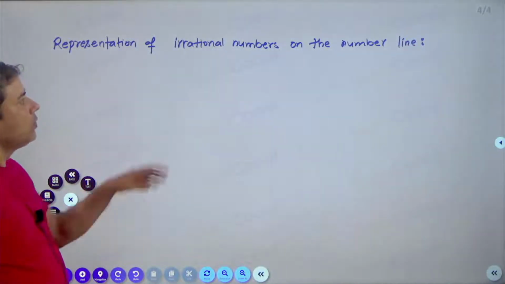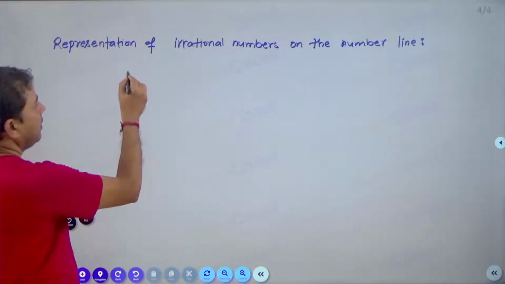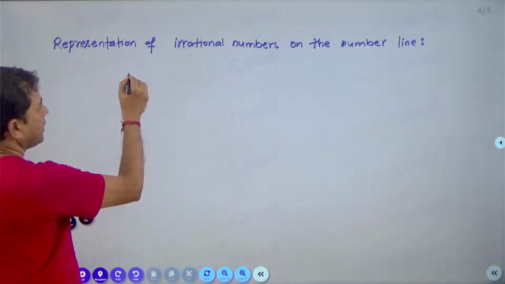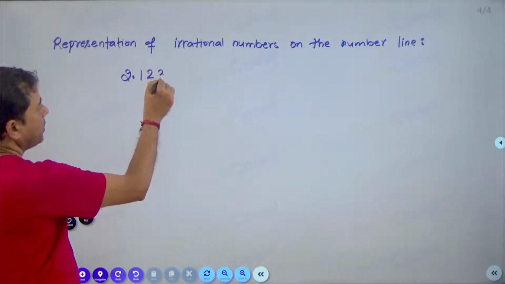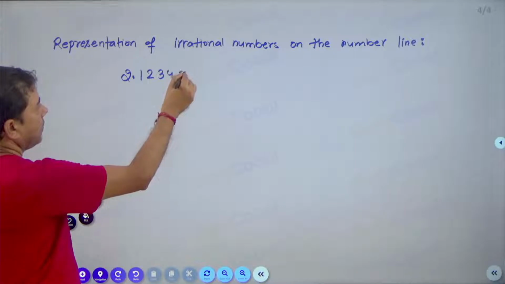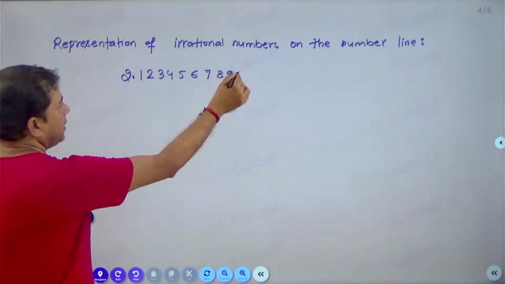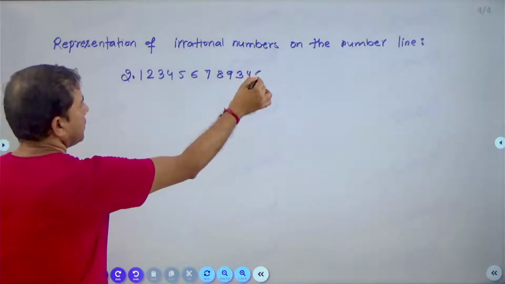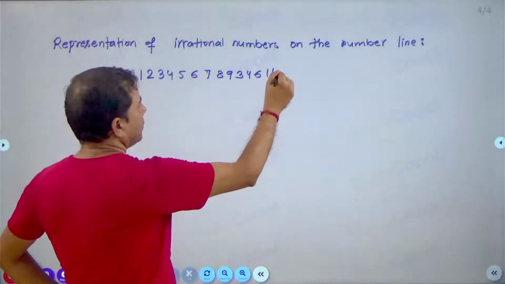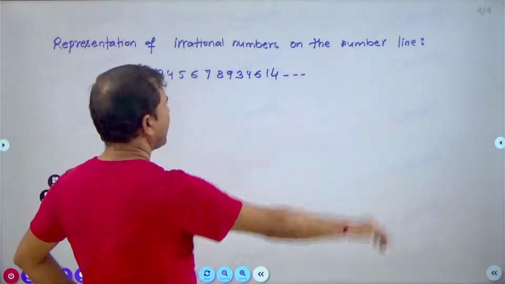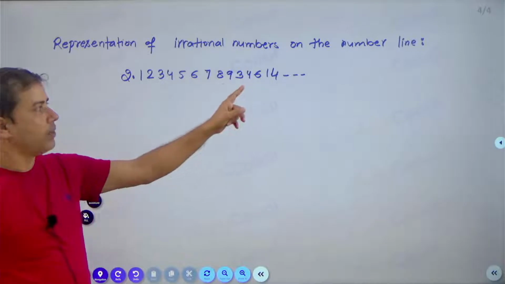As you know, irrational numbers can be written like decimals, like 2.12345678934614, randomly, whatever. Non-terminating and non-repeating.